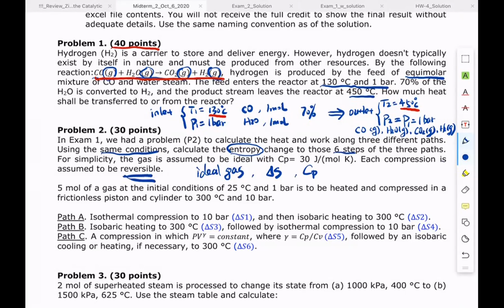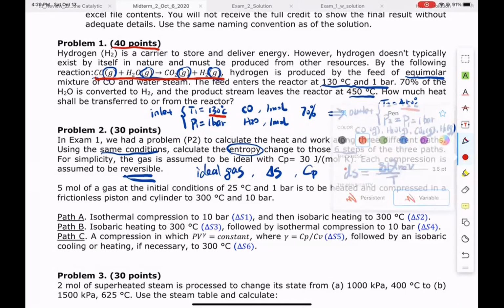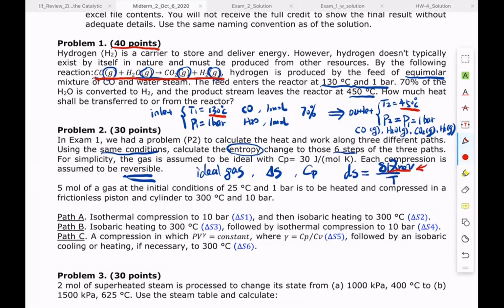Okay. So if I have this reversible as the condition, then we understand that dS would be, by the definition, a small amount of reversible heat over T, right? And here, the problem has made it easy that we are going to have those heats for those processes as the reversible heat.